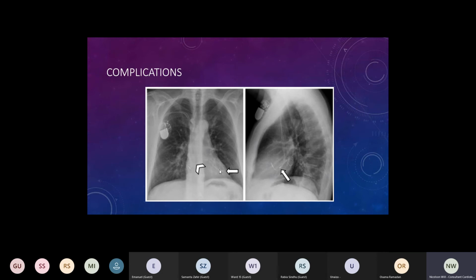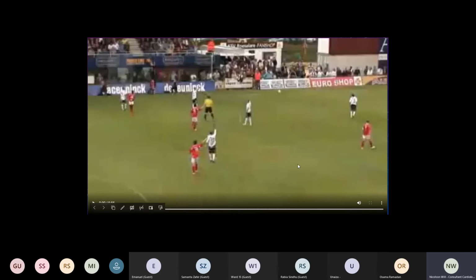And it'll work perfectly well as a pacemaker doing that. The problem is that clots will form on the lead and the patient is at risk of stroke. So this is another thing that I wouldn't want to see with one of my cases, and I'd hope to avoid, because can you see that this lead is considerably higher up than it should be? It should be coming down here. So that would be another complication of the procedure.